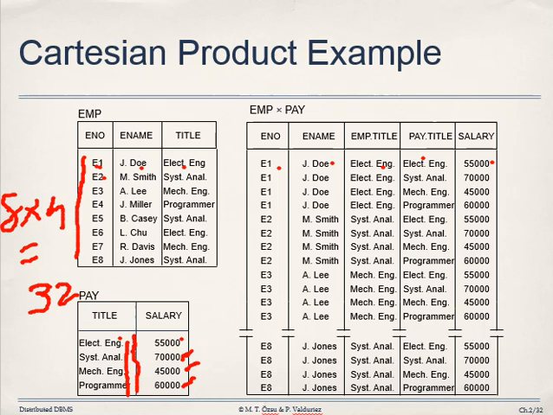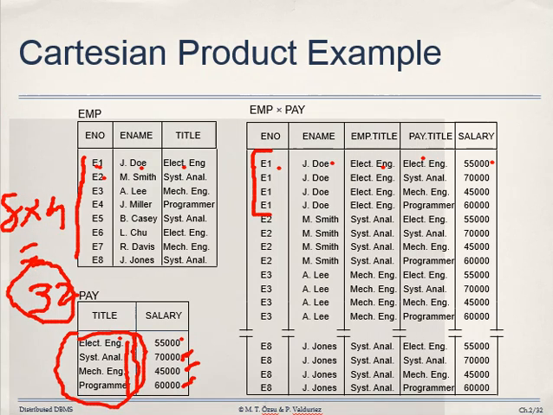So E1 will be multiplied 4 times with respect to the pay table. So in the result we will get 32 tuples or records. Clear about Cartesian product?